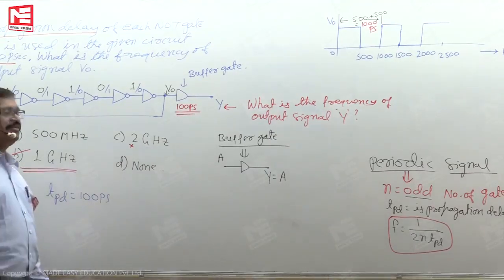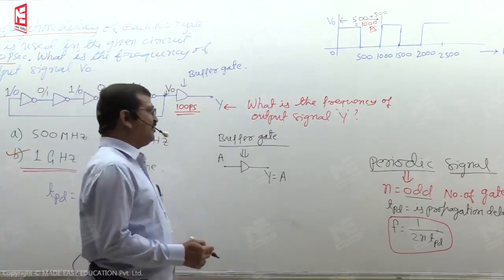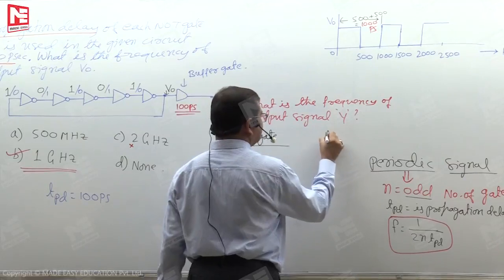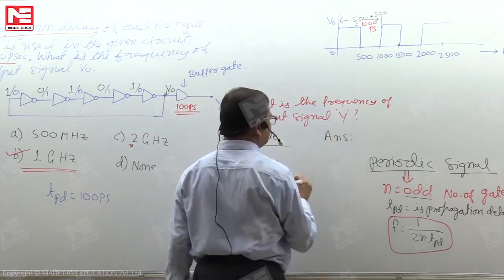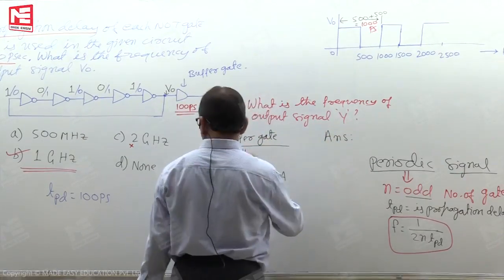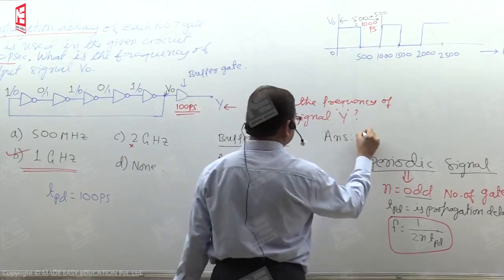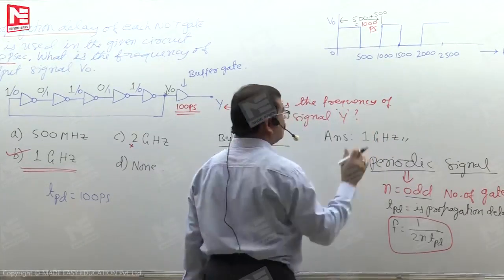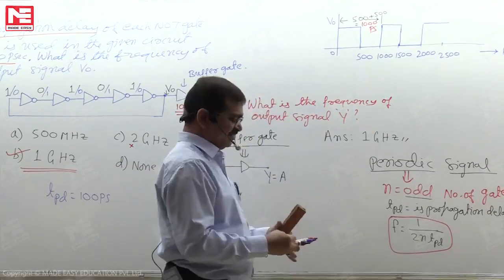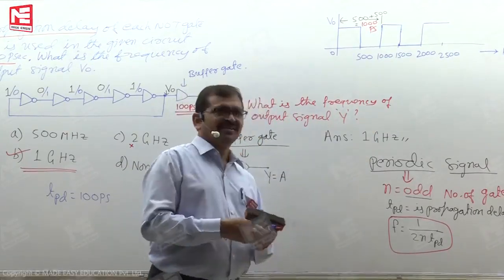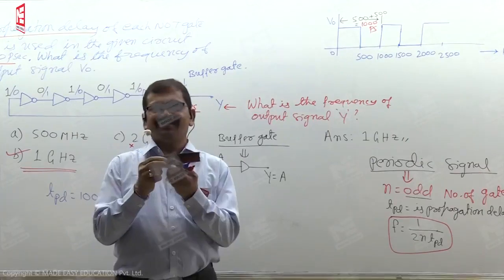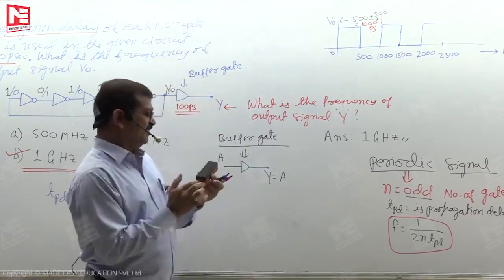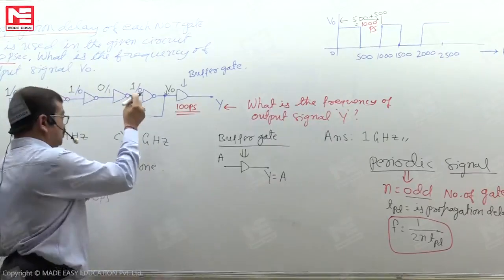If this is the question, without any thinking you can easily say the answer remains the same. The frequency is the same, 1 gigahertz. How is it so? You can understand it like this. I have here a buffer gate. This buffer gate is fed with the signal V0.